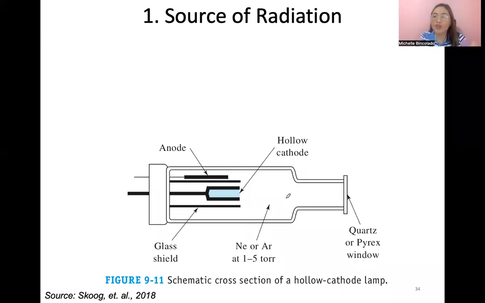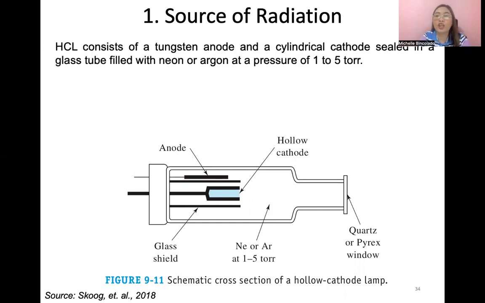Okay? So, before we move on to the part specific for AAS, the atomizer, let's first discuss the first part. Again, guys, the first part of our spectroscopic instrument, of course, is the source of radiation. Here in AAS, we use the hollow cathode lamp.